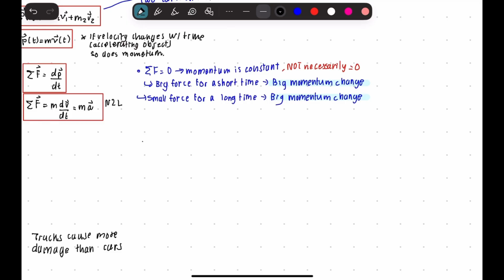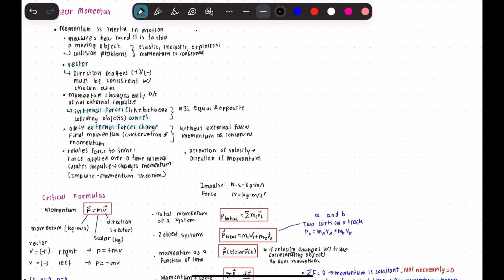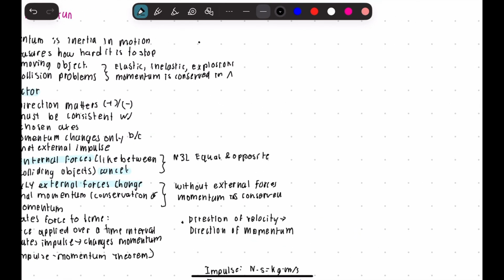Remember that, again, momentum is conserved in all collisions. Okay, but kinetic energy is only conserved in elastic collisions.